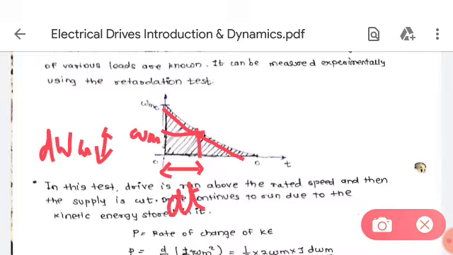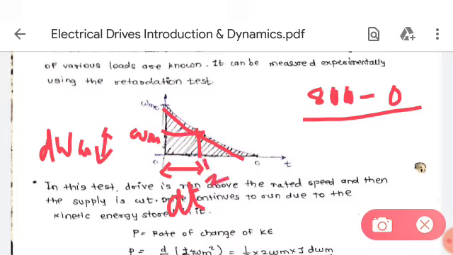So let's say this point omega m is 800. So d omega m will be 800 minus 0 actually, 800 minus 0 divided by dt. Suppose it is some 2 seconds at this point.